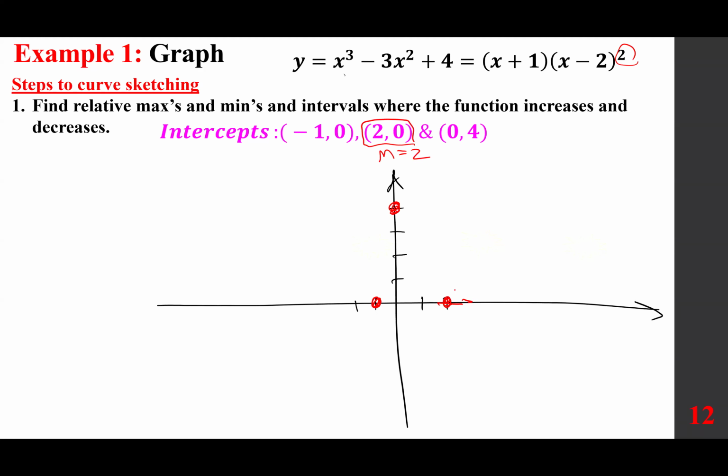And I put an arrow, let me use a different color. I put an arrow here, which means it can't cross. And this one tells me the end behavior, right? Looking like x cubed. So if I were to graph it, it'll look like this. It hits this one, comes back up, hits this one, comes back down, and I'm done.